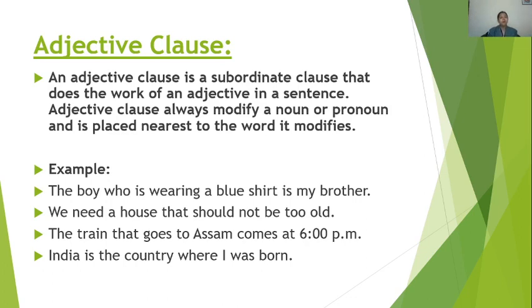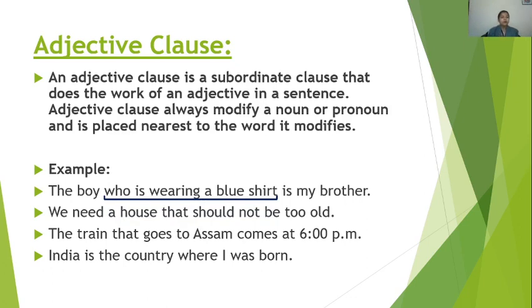Now here: "The boy who is wearing a blue shirt is my brother." Now find out the adjective clause in this. Here my adjective clause is "who is wearing a blue shirt." How is it an adjective clause? Who.